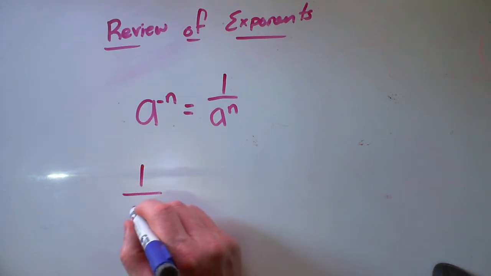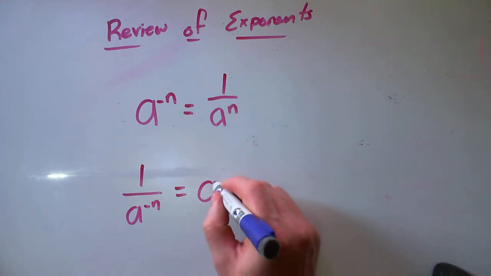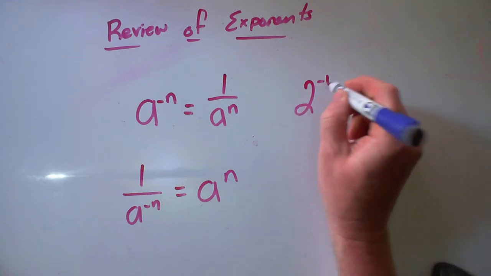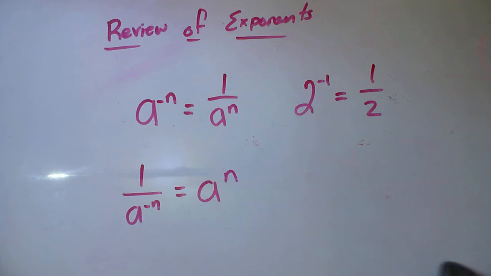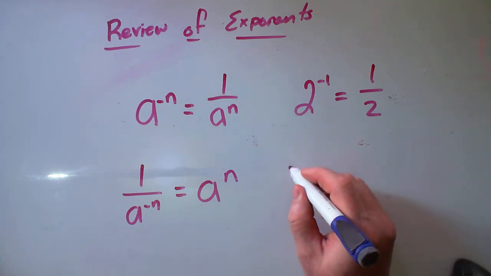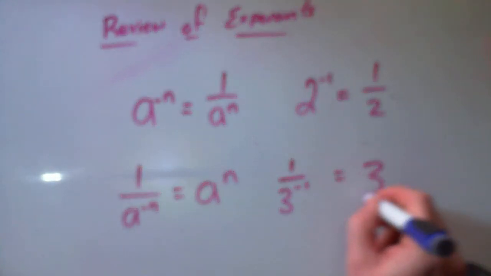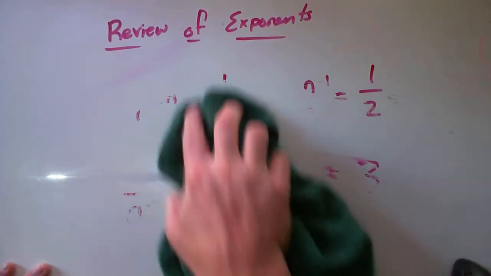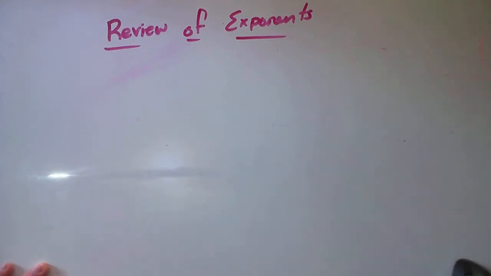Similarly, 1 over a to the negative n will equal a to the n. So 2 to the negative 1 is the same thing as 1/2, or 1 over 3 to the negative 1 would be the same thing as 3. So that is what a negative exponent does.